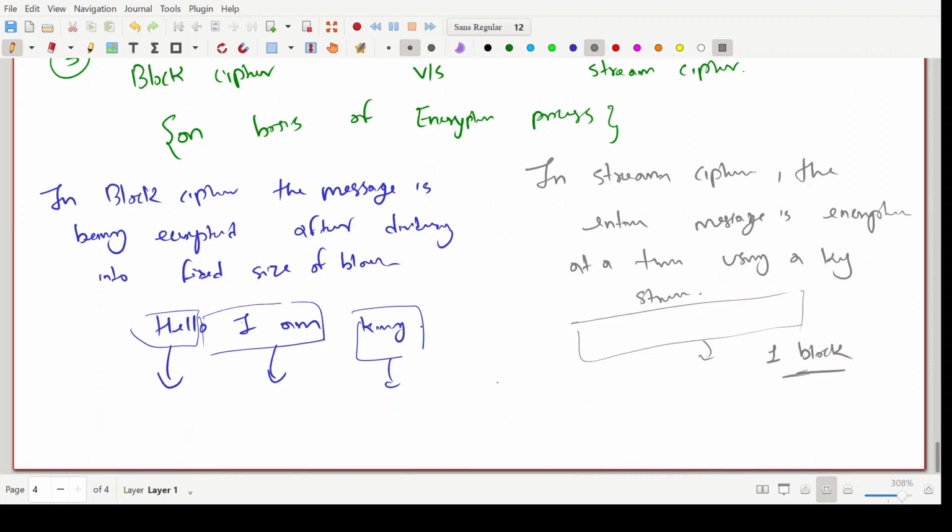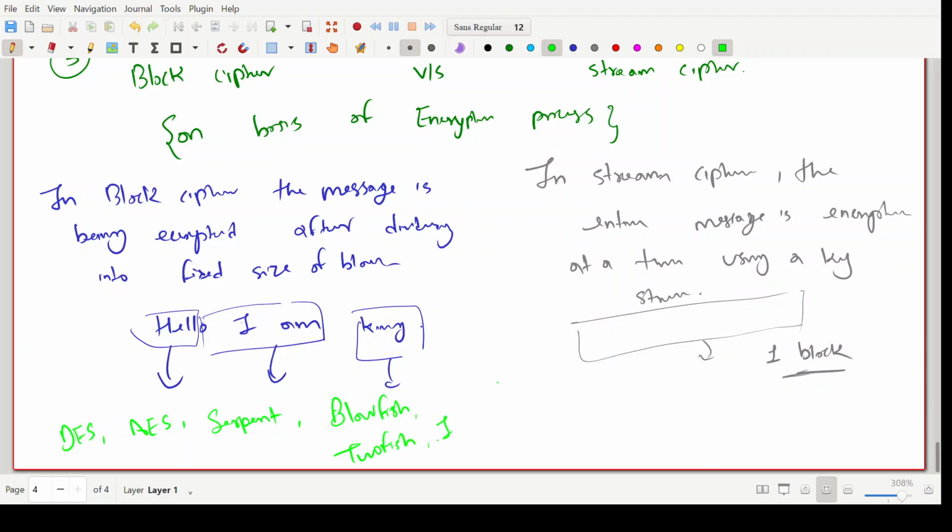So if you talk about some examples, in the case of block cipher, your DES, AES, Serpent, Blowfish, Twofish. These are the examples of your block cipher.